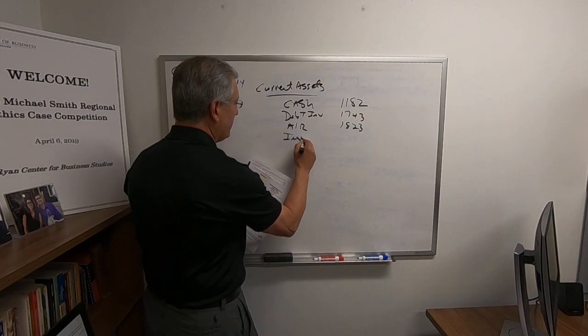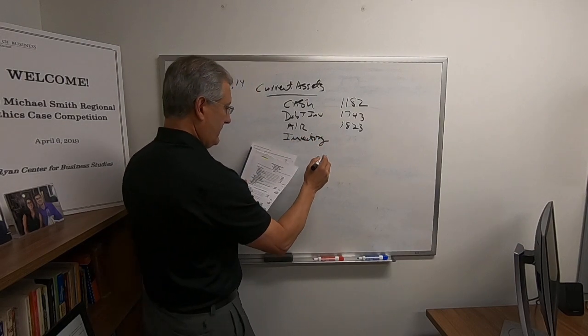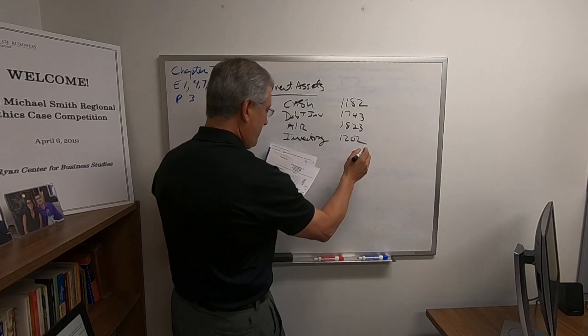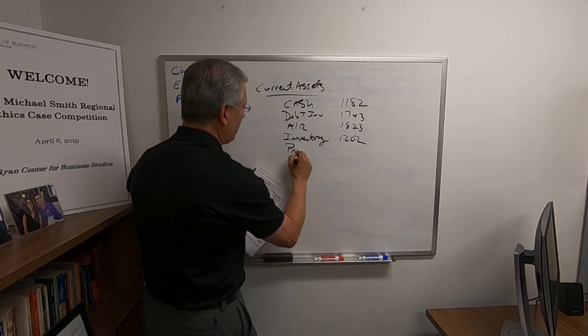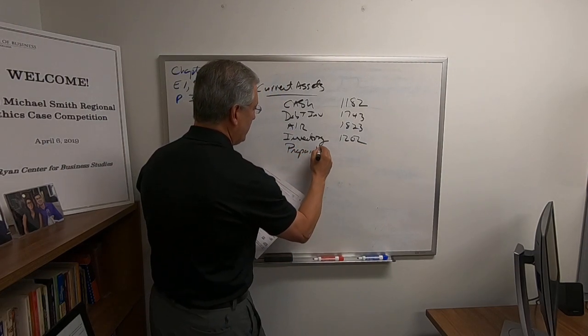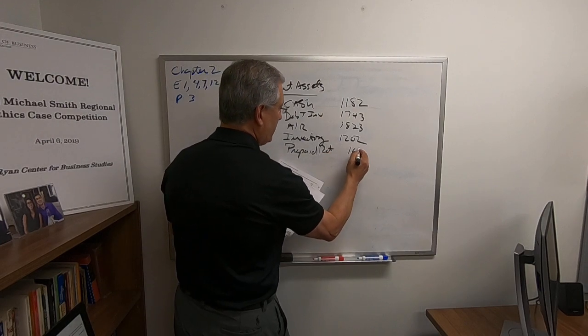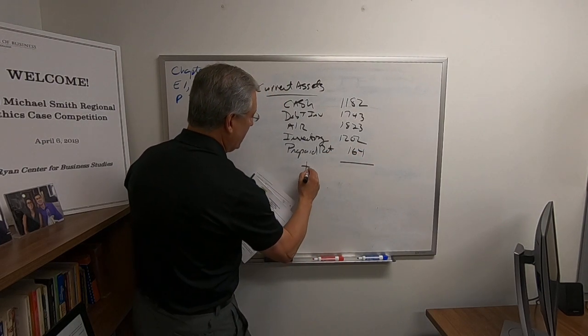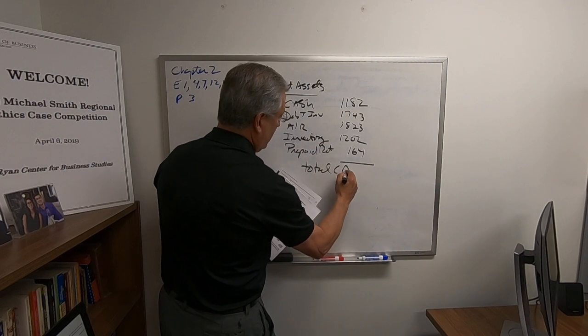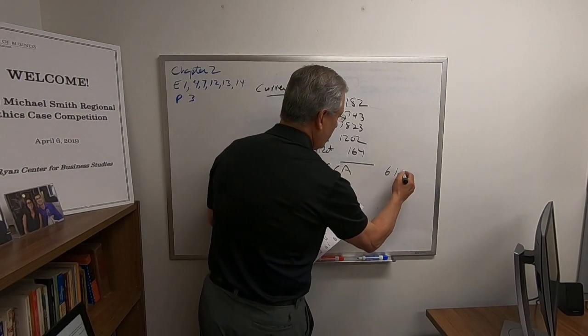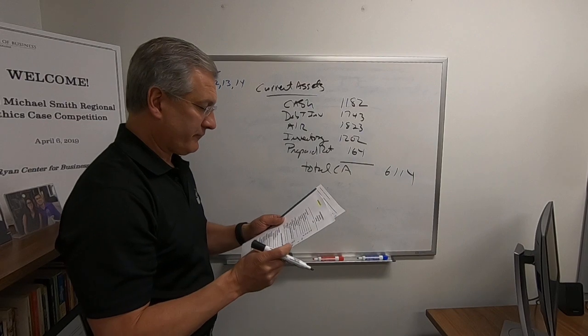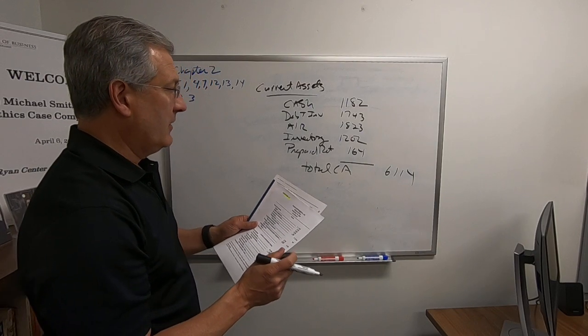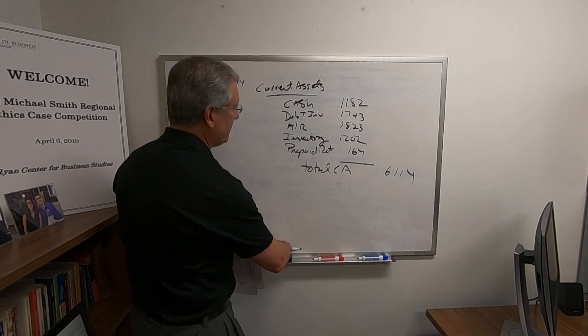Inventory, 1202. And prepaid rent, 164. Total current assets, total CA, 6114. So that is the current section.